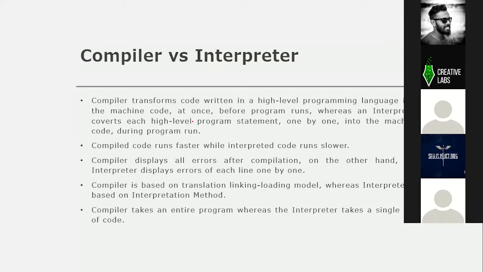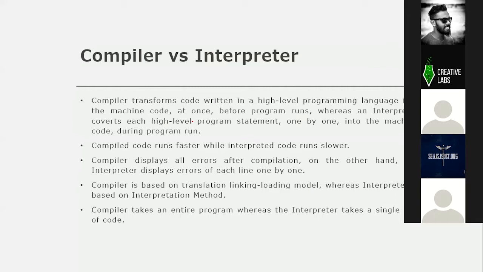Before running it, the compiler transforms all the code into an intermediate code, and that intermediate code is transformed into machine code. That's how the compiler works. It runs before the program runs, so that is the startup point. The compiler checks for errors and syntax errors, and if everything is perfect, only then will the program start to run.